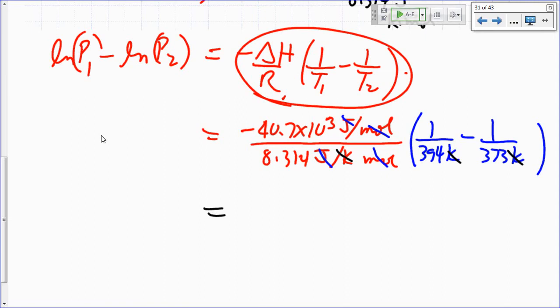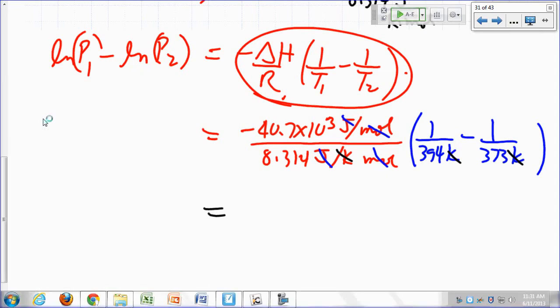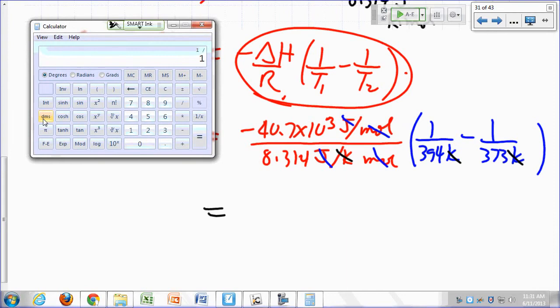What would that be? 1 divided by 394 minus, open parenthesis, 1 divided by 373, close parenthesis, equals that, times 40.7 times 10 to the third, divided by 8.314.